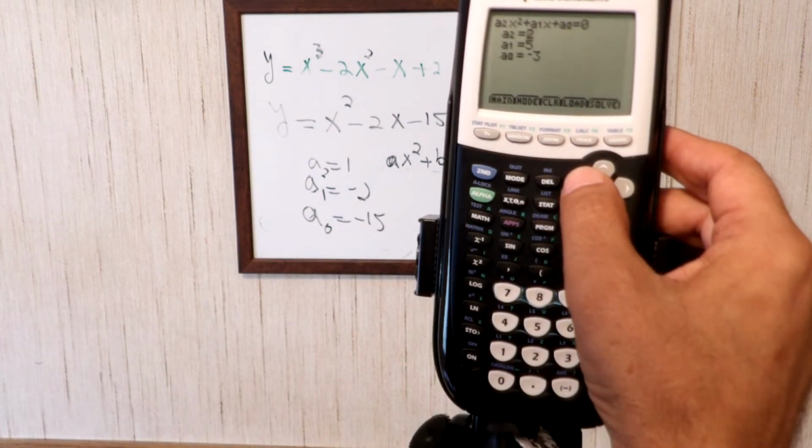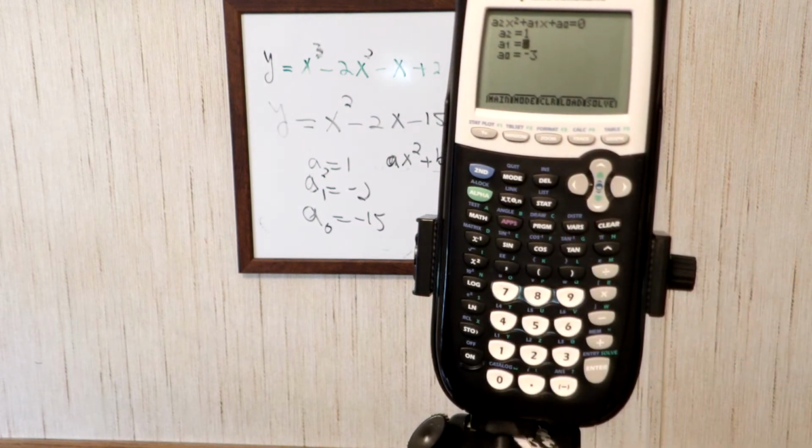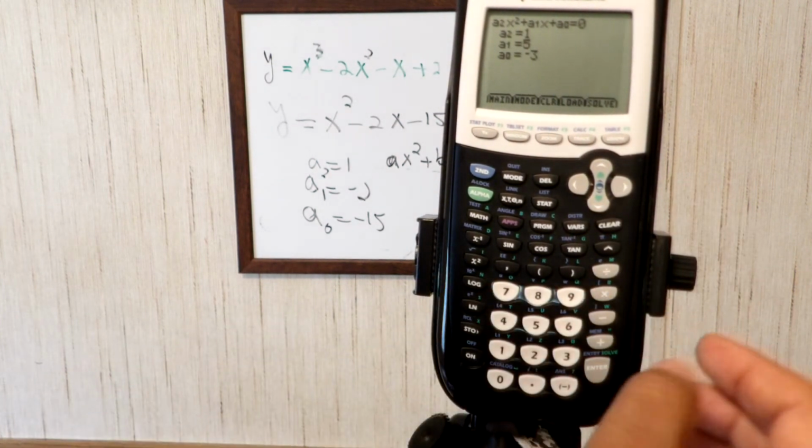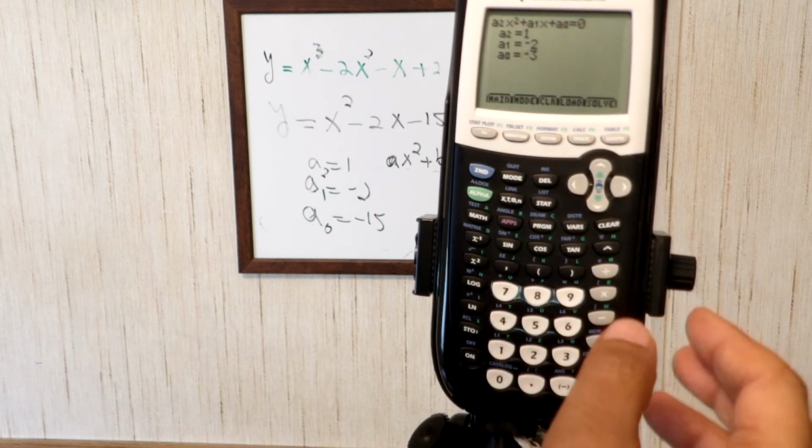A2 is 1, a1 is minus 2, and then a0 is minus 15.